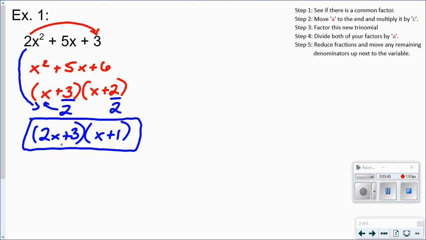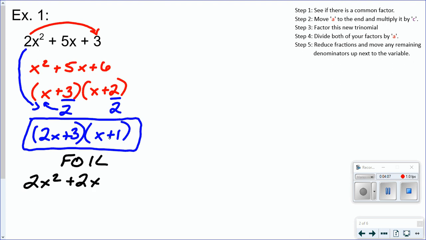So we can check using FOIL. So if we FOIL this, first, outer, inner, last, we should end up back where we started. So let's do that. So first, 2x times x gives me 2x squared. Outer, 2x times 1 gives me 2x.